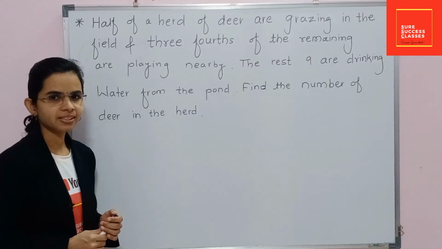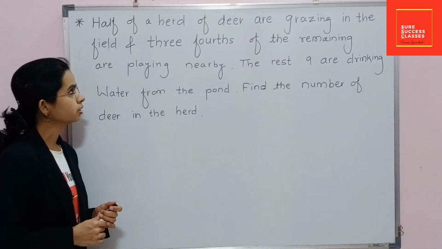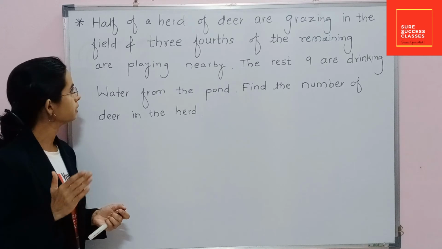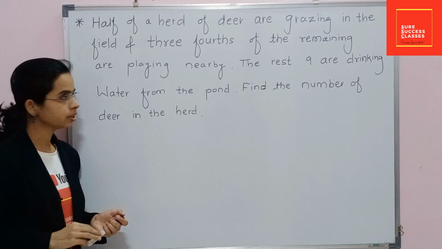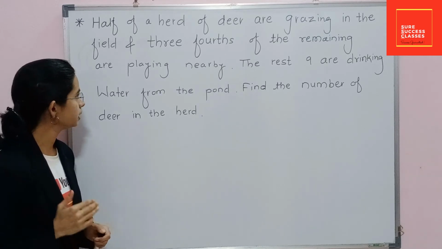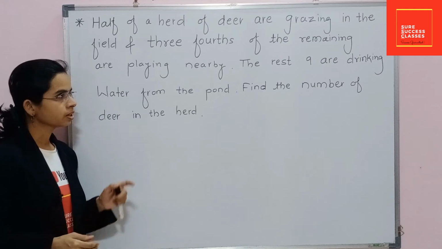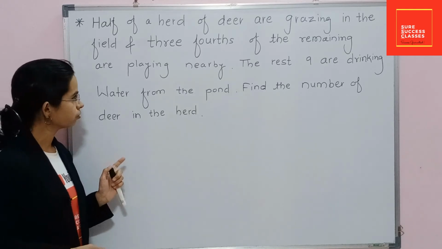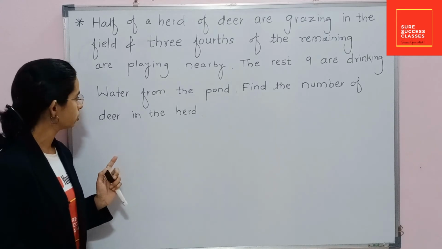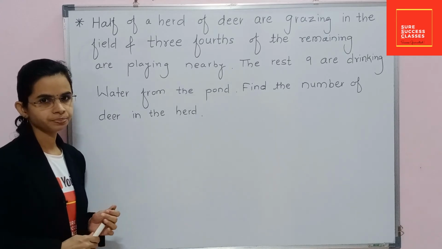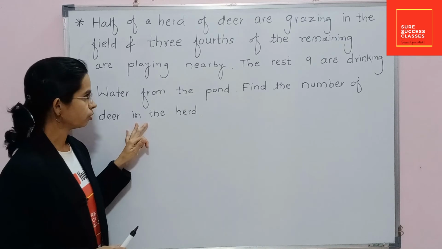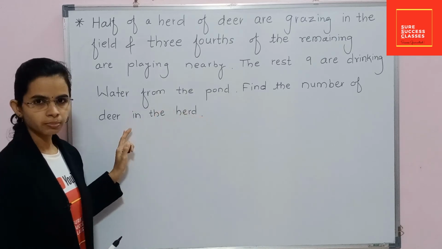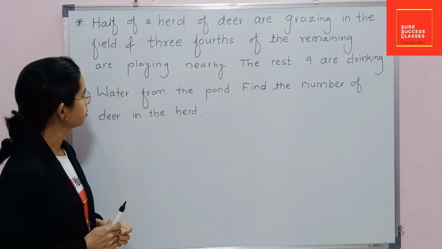Our next question is, half of a herd of deer are grazing in the field and 3/4 of the remaining are playing nearby. The rest 9 are drinking water from the pond. Find the number of deer in the herd. Means we have to find out the total number of deer in that field.